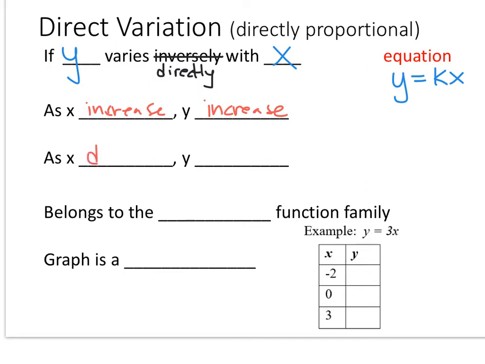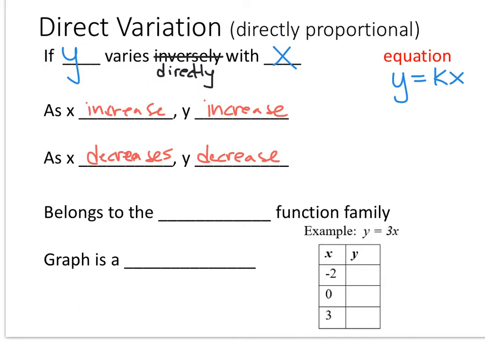And in a similar fashion, as x decreases, then y will also decrease. And so the reason that this is a direct variation is that as my values of x go up, my y values will also go up, and as my x values go down in my list, my y values will also go down with this.